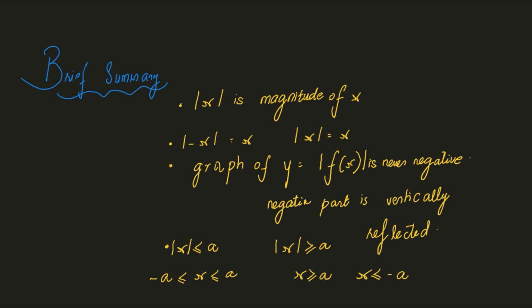And then for the inequalities, modulus of x less than or equal to a, we will write x is greater than or equal to minus a and x is less than or equal to a. And modulus of x greater than or equal to a, we will open by writing x is greater than or equal to a, which is the larger value, or x is less than or equal to minus a, which is the smaller value. So this is it for what a modulus function is.